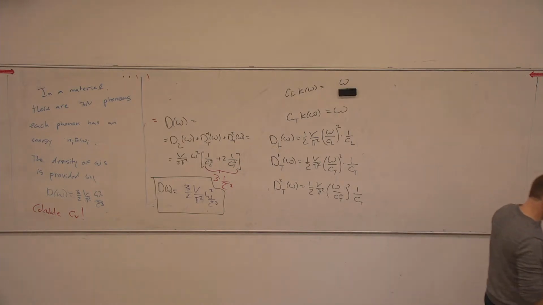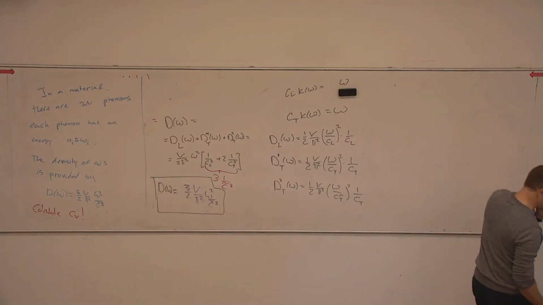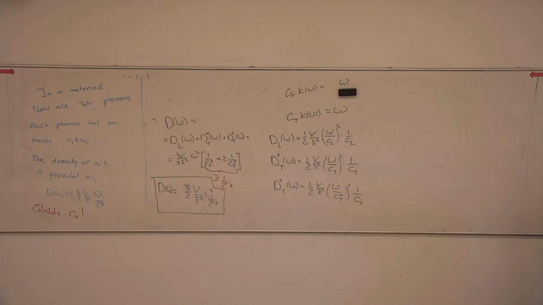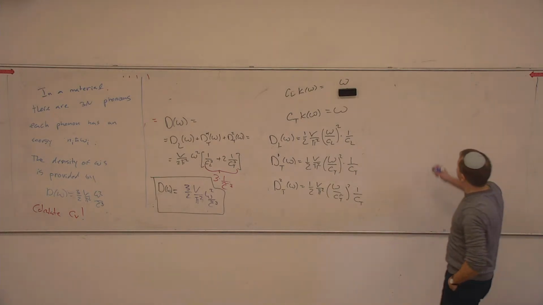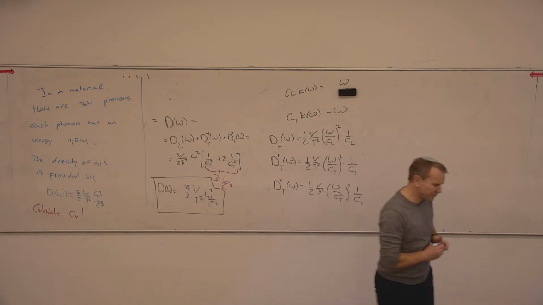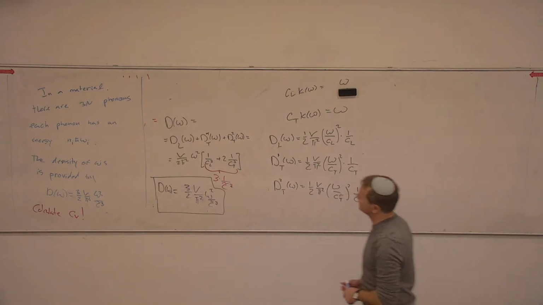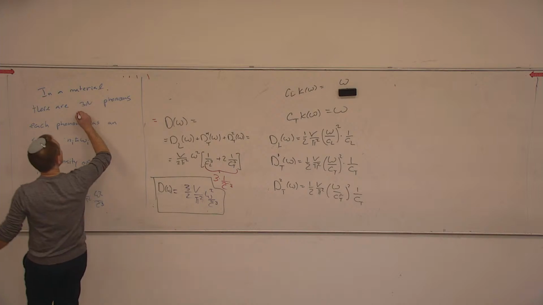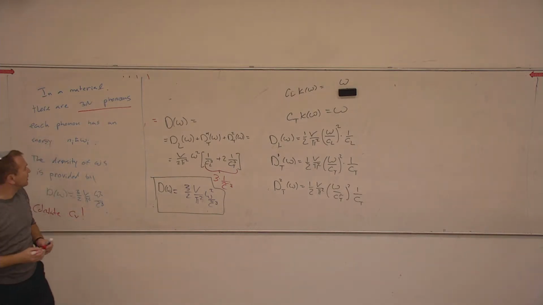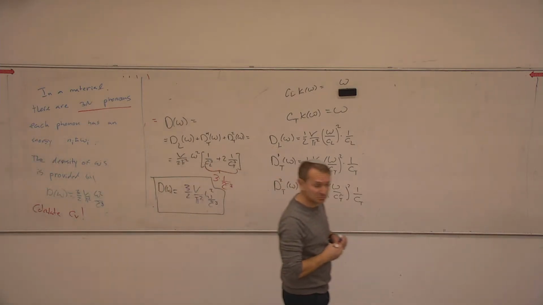So first of all, what exactly can we calculate right now? Let's look at the different statements that we have. What is the meaning of the statement that we have 3N phonons?